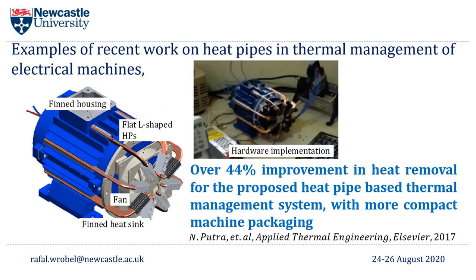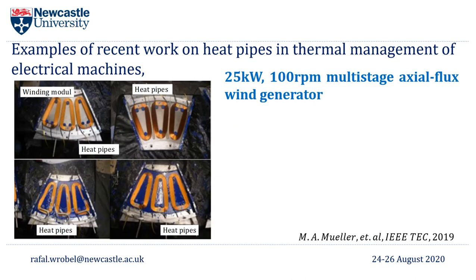such a machine construction. So the next example is a 25 kilowatt, 100 RPM multi-stage axial flux machine for a wind generation application. Here on the figure we have a number of orientations for heat pipes that were introduced on the winding segments. So you can see here L-shaped heat pipes. And as you might know, axial flux machines are particularly difficult when it comes to heat removal, just because of the structure of the machine itself.